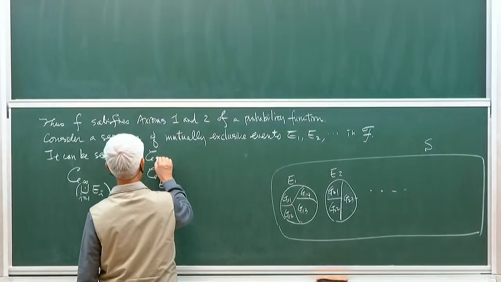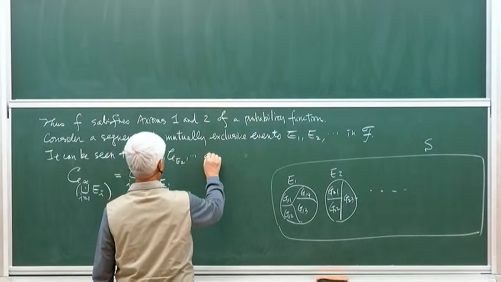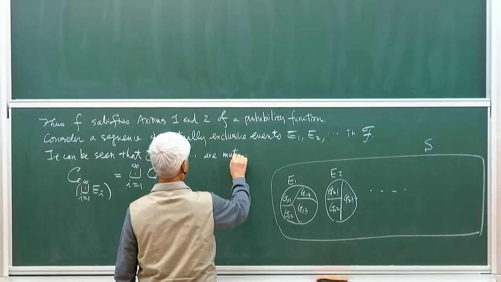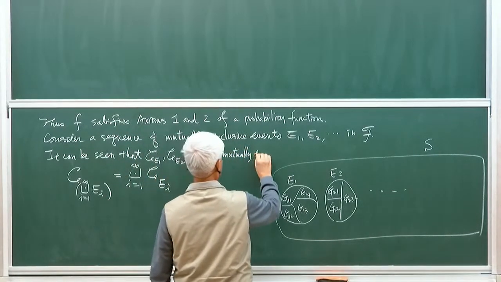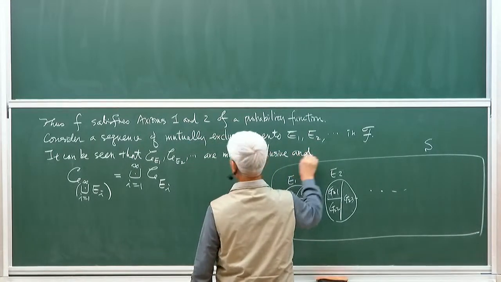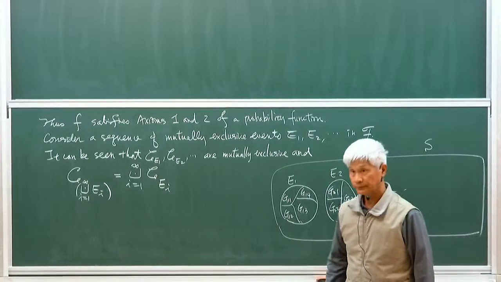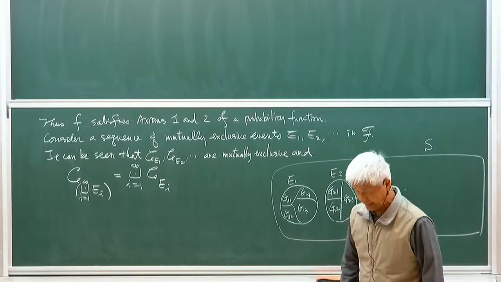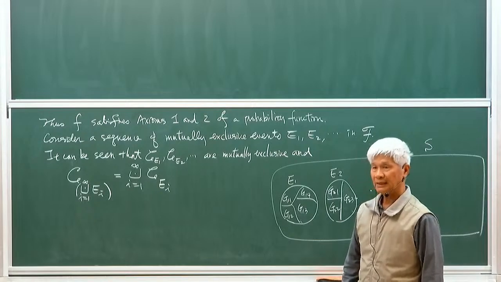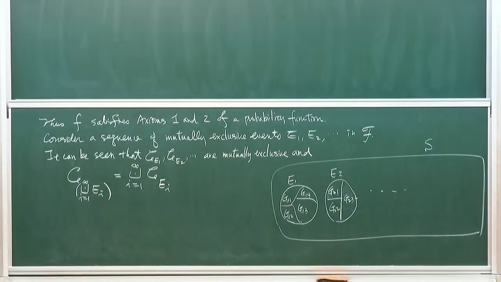So you can see that these G's are mutually exclusive, and we have this identity. They are all atomic events. What is C_E?